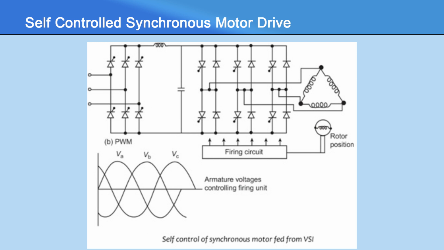The DC link converter can have a voltage source inverter to feed impressed voltage or a current source inverter to feed impressed current. Further, the voltage source inverter can be a square wave inverter with variable voltage or a PWM inverter with constant link voltage. These two types are shown in the figure.